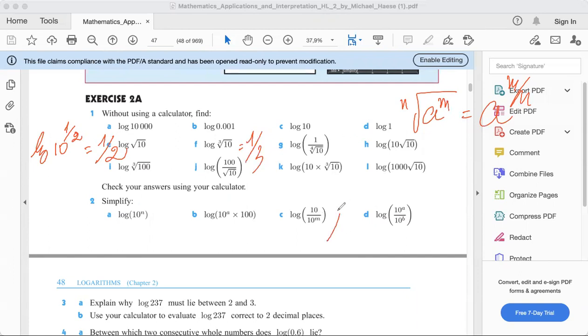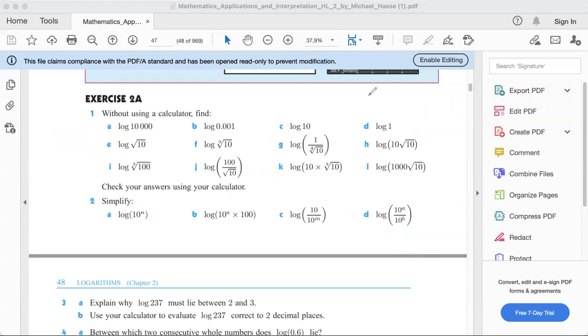So you need to convert first to 1/10 power 1/4, and then you move it from denominator to numerator, so the sign changes. The result is logarithm base 10 of 10 power minus 1/4, so the result is minus 1/4.